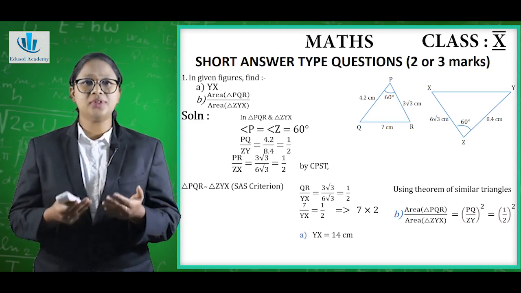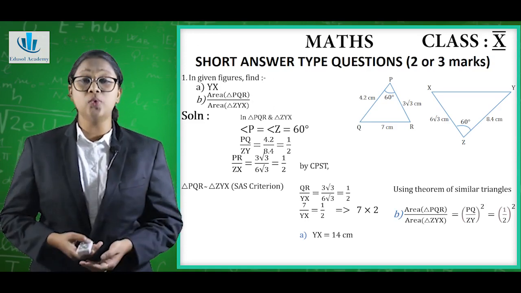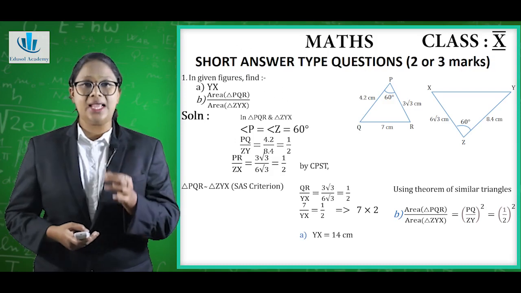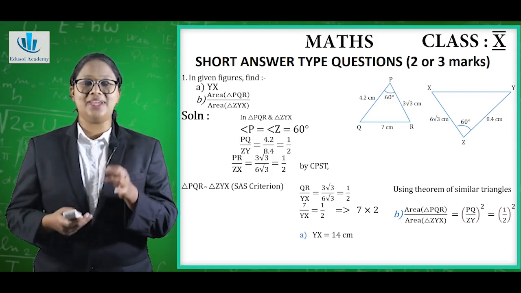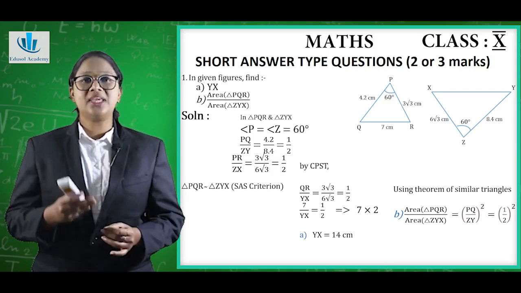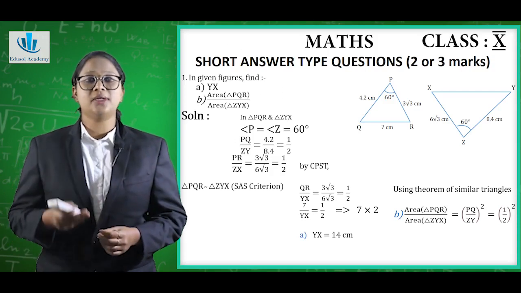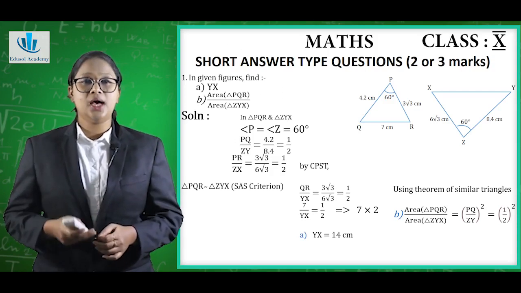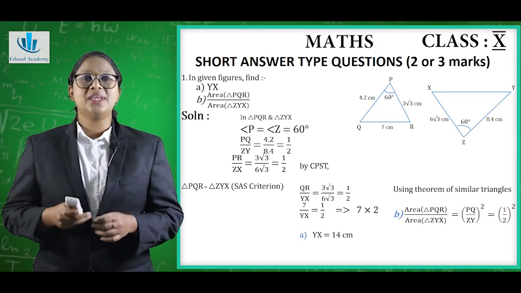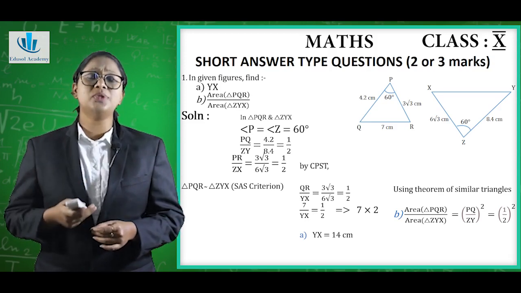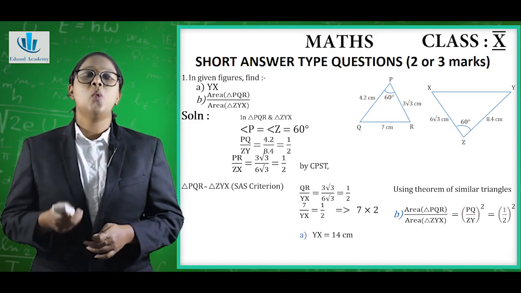So we know that the ratio is already 1 by 2. So by the theorem of ratio of areas of similar triangles, we can say that area of triangle PQR by area of triangle ZYX is equal to 1 by 2 the whole square, that is equal to 1 by 4.